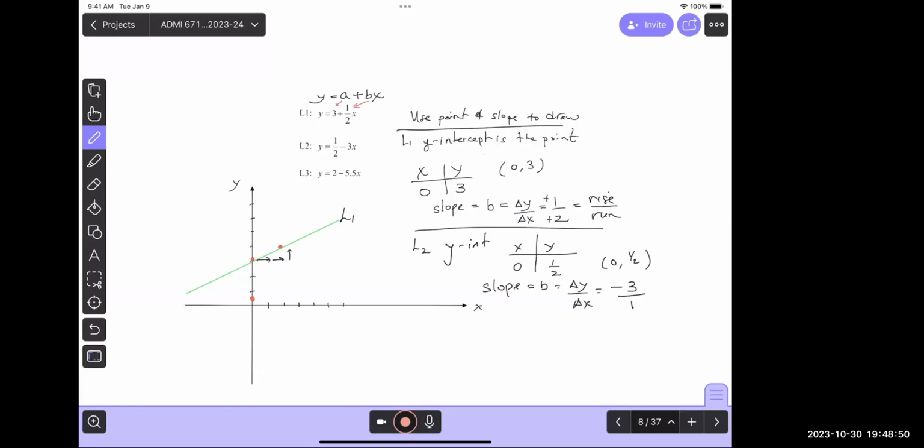It's always a 1 under it. So it means that if I change x by 1, so if I move 1 away from the y-intercept, then I have to move down 3. So here it's at the half, but I'll move over x by 1, and then I got to go down 3 to make my second dot.